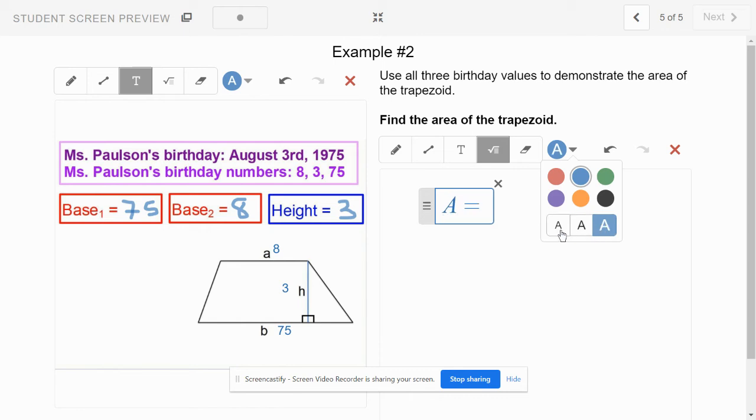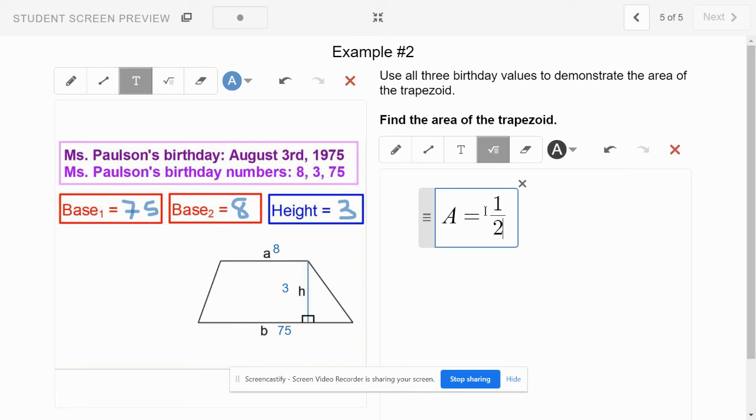See how that changed the size? Small, medium, large. And we'll change it to black. So the area is 1 divided by 2 times base 1 plus base 2 times the height.